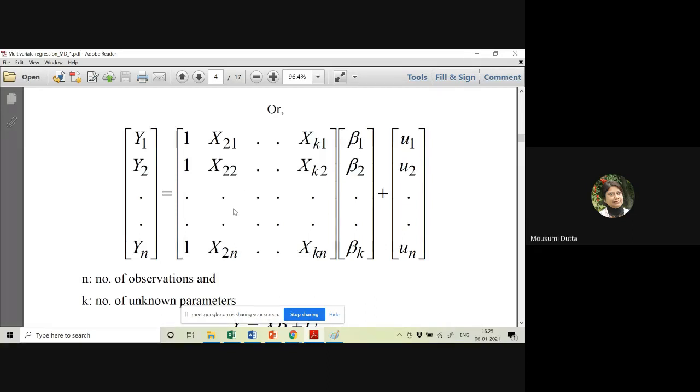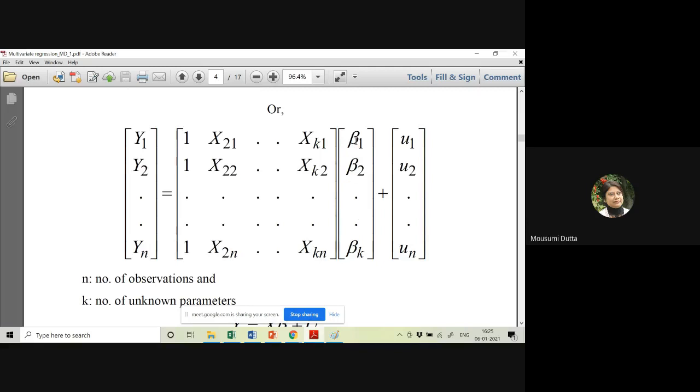Okay, and then we are writing the X matrix in this format. The first column is 1, the second column is for the variable x2, and we are considering all n observations. Then there will be a column for x3, all n observations, and finally we will move to the variable xk, and we will have all n observations there.